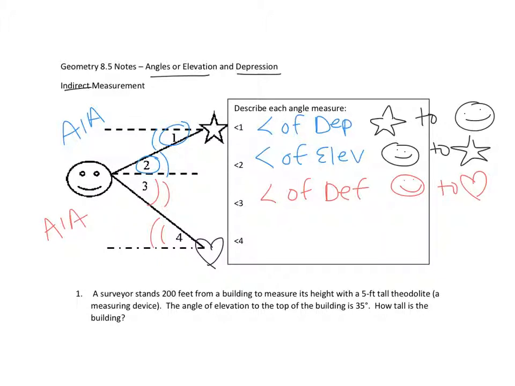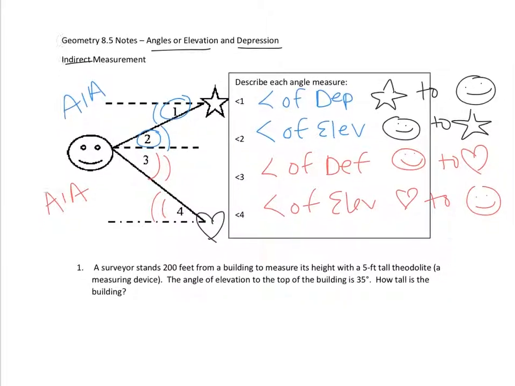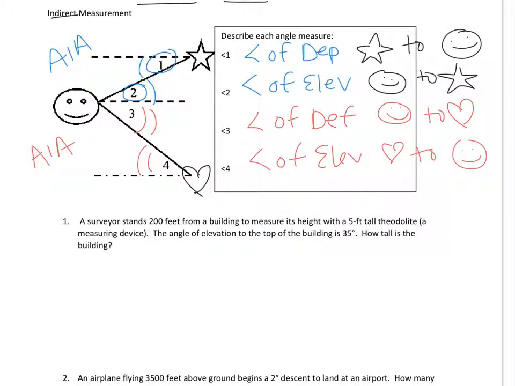And angle 4 would be an angle of elevation from the heart to the smiley face. Okay, so when you do these types of problems, you want to draw the alternate interior angles. You want to draw the two parallel lines, and you want to make sure that your angle of elevation, angle of depression are touching, adjacent to the parallel lines.